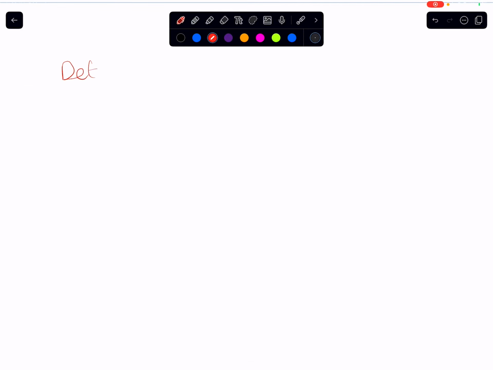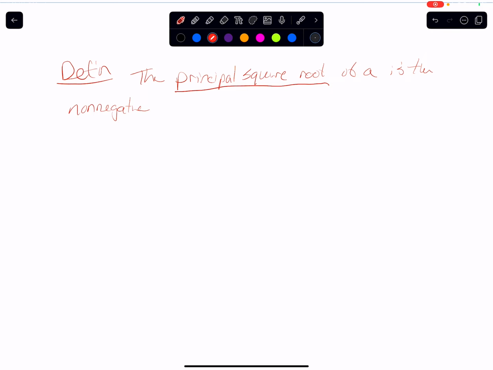Let's do the definition. The principal square root, that's what we're defining. The principal square root of a is the non-negative number that when multiplied by itself equals a.